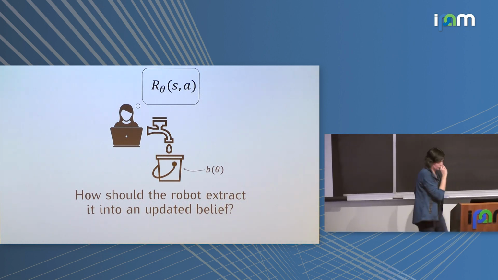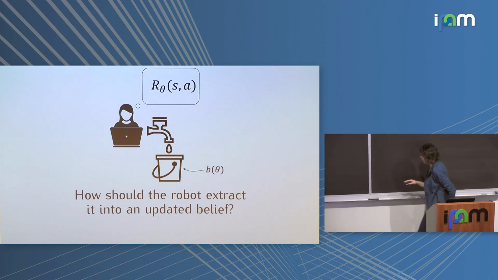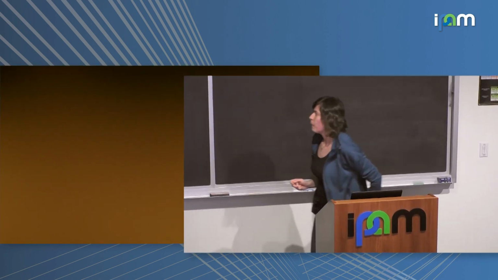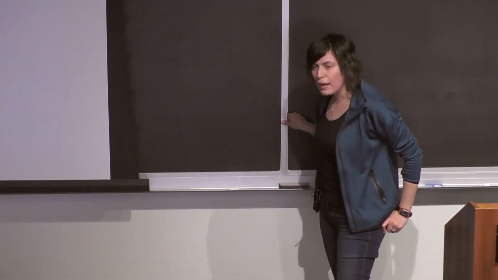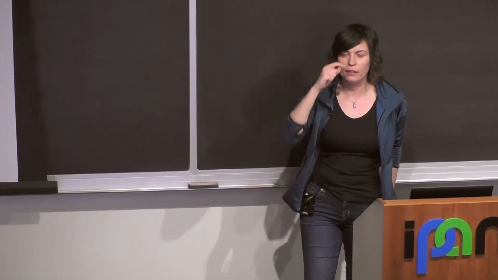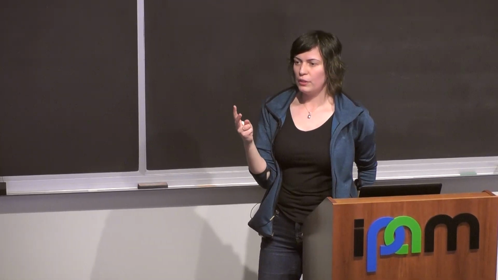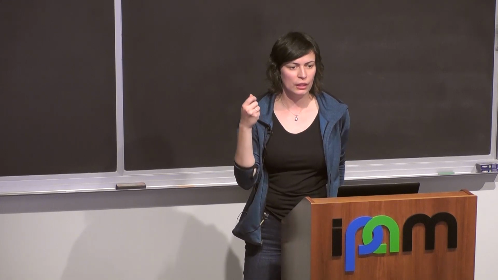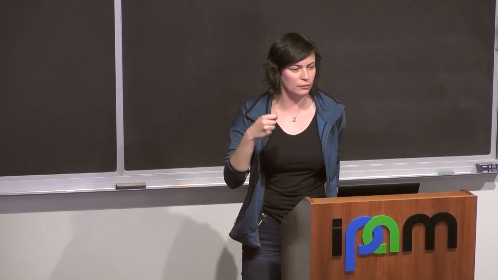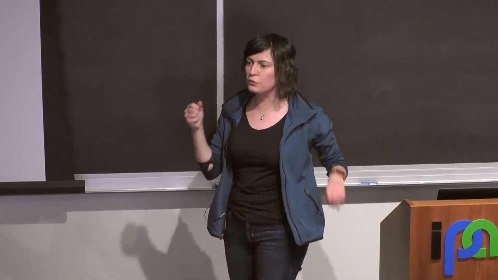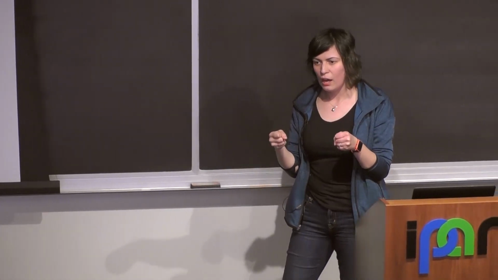And maybe I'll actually use the board for this, because the way we've been thinking about this problem recently has been to essentially start with the two known ways in which you can actually use human actions, human feedback to learn about the reward function. So there are two tried and tested ways.